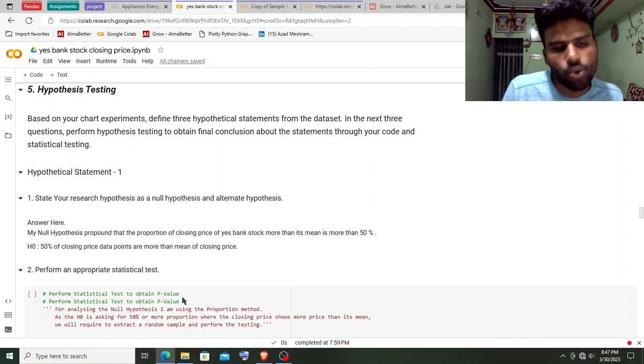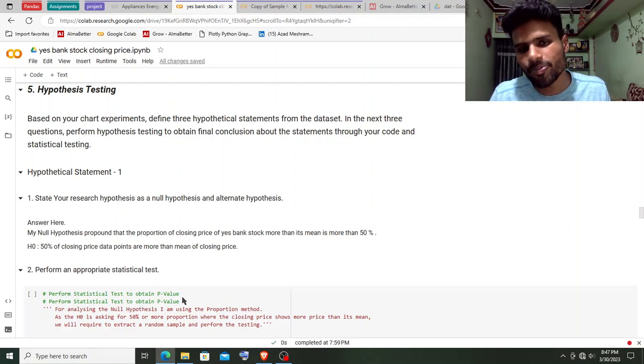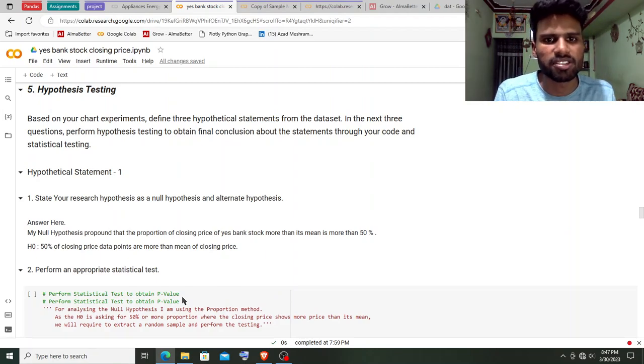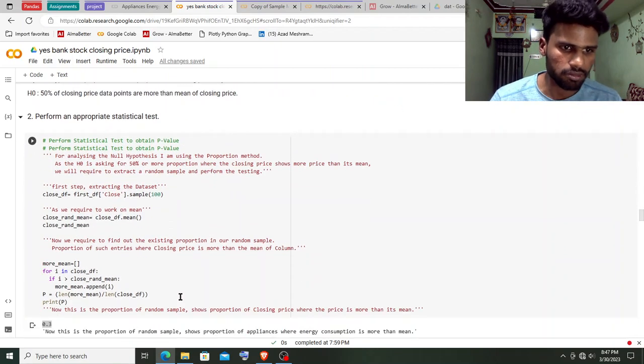Means if there are 200 data points, the null hypothesis is saying that at 100 or more points, the closing price of Yes Bank stock is more than its mean price. So this is basically my null hypothesis.